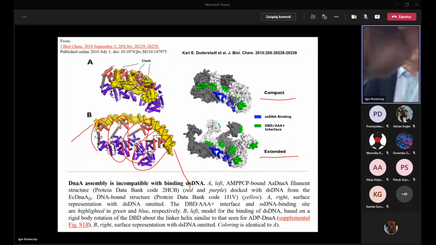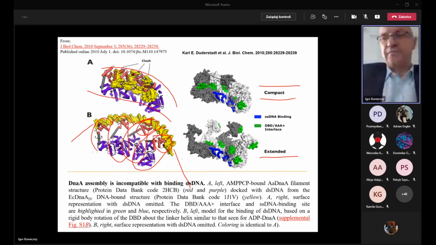Yes, so you expect that this is the interaction point, but then after this compact arrangement, everything is very close to each other.